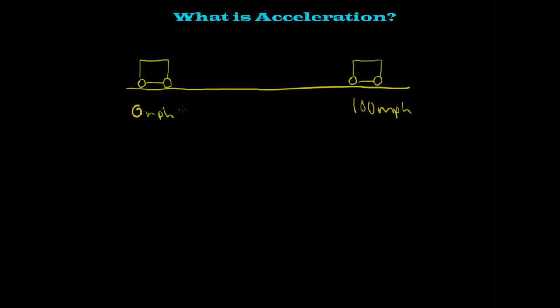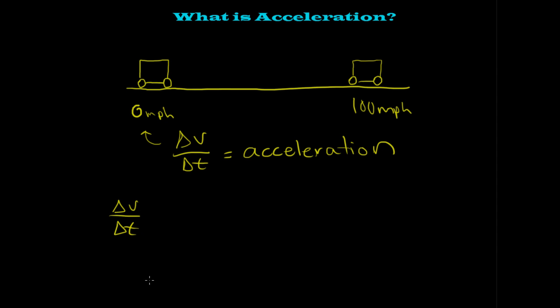What you're saying is your velocity, or your rate of speed, is changing. There's a change in your velocity over some period of time. When that occurs, you're said to be accelerating. So, acceleration is merely this change in velocity over this change in time.